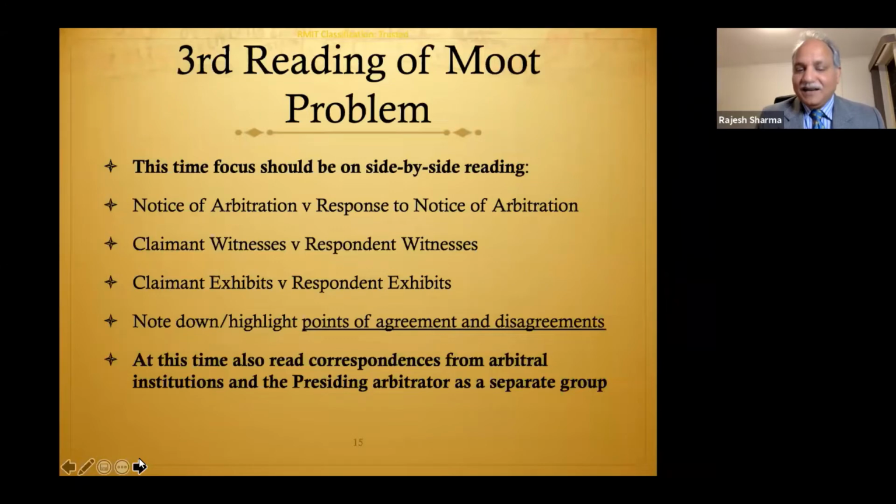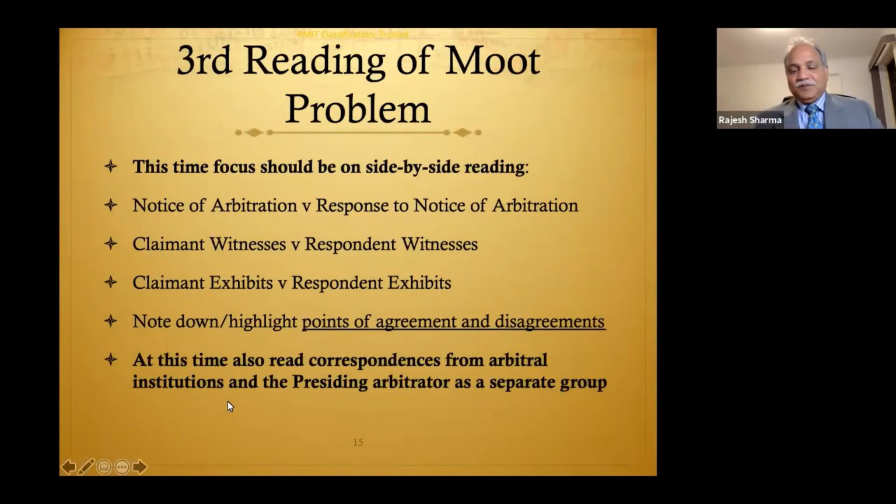So you can highlight those things and see what the disagreements and agreements are. You can do the same thing with the claimant's witness and the respondent's witness. In the moot problem, you have a witness statement. Just put those two witness statements against each other and see to what extent they agree and to what extent they do not. So this is what you can do.